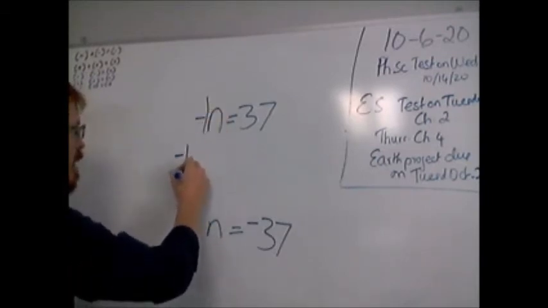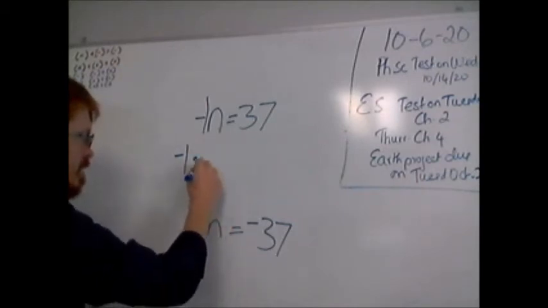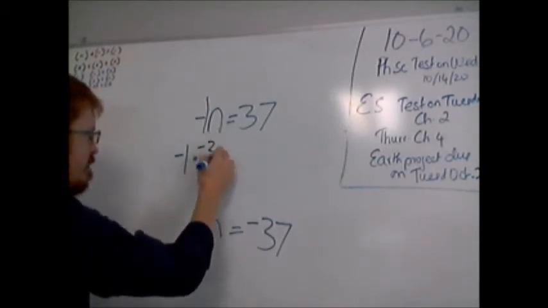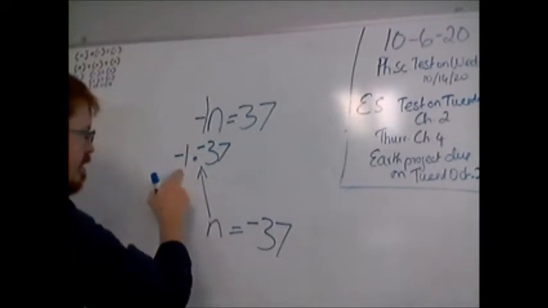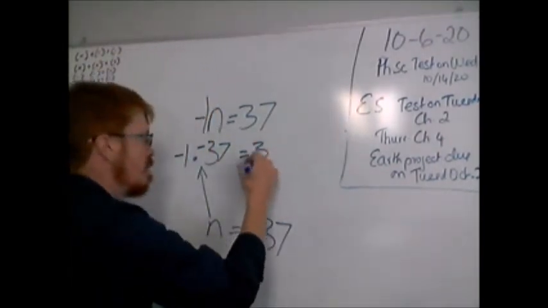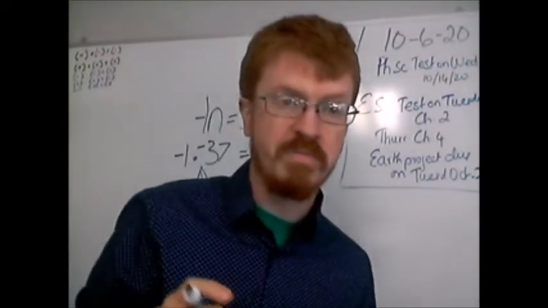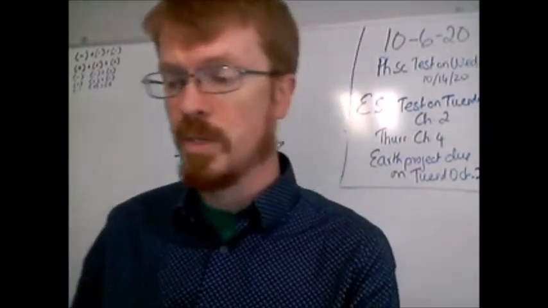So negative 1 times negative 37 equals a positive 37. You should never get these wrong. This is very basic, very easy stuff that you can get right.